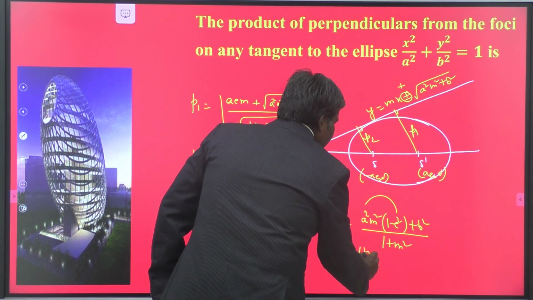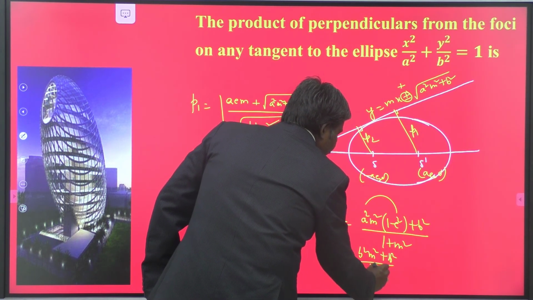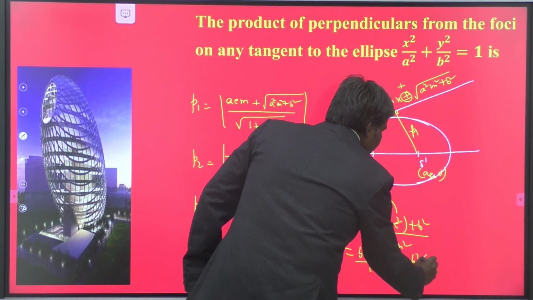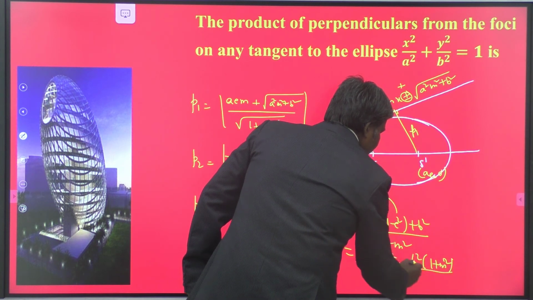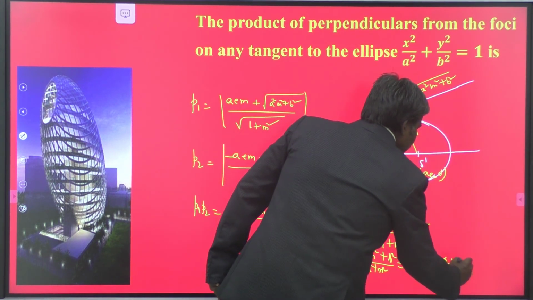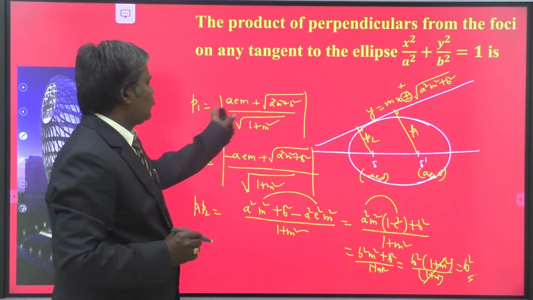That is b square m square plus b square by 1 plus m square. Take b square common: b square into 1 plus m square by 1 plus m square. The 1 plus m square cancels. We have b square. Therefore, the value is b square.